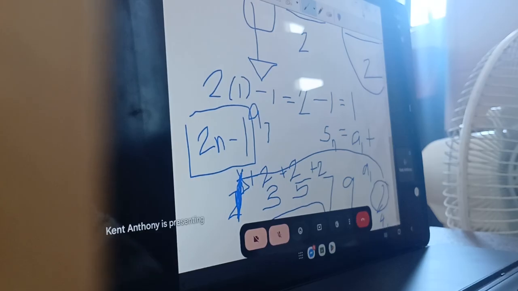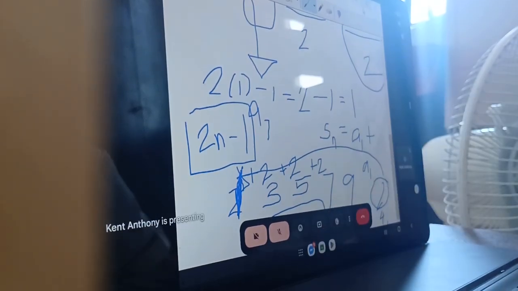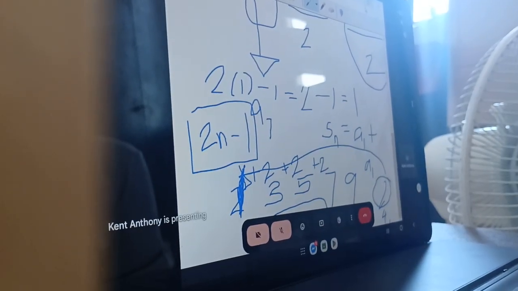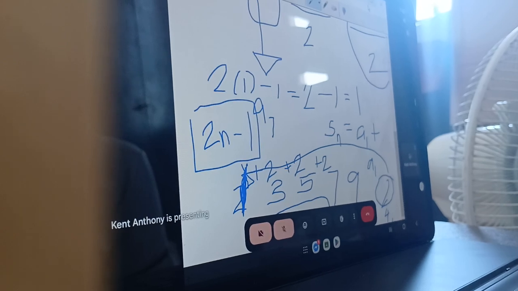Sir, can you try solving 3, 5, 7, 9? It's just that it starts at 3, 5, 7, 9.